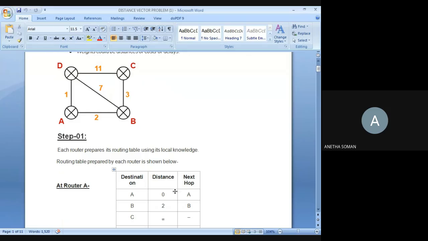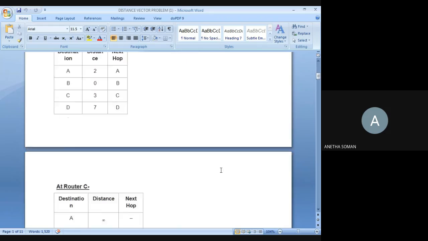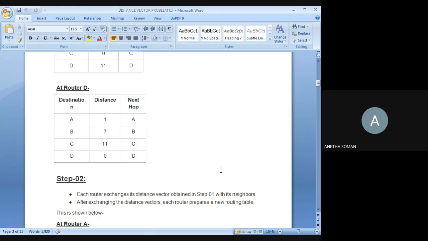And first what you have to do is prepare a routing table for each node, which we have finished at router A, B, C, and D. You have completed it, the initial routing table. Now, after that, you have to do the action process. Action process means each router is exchanging their distance vectors with their neighbors.